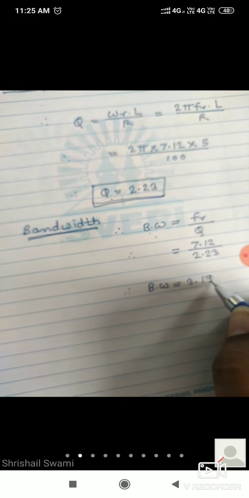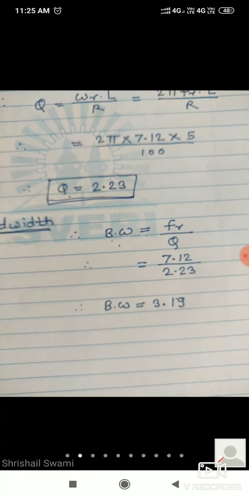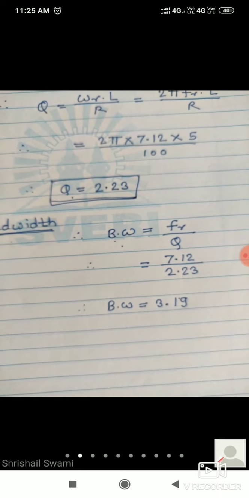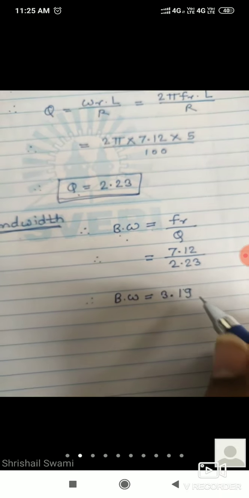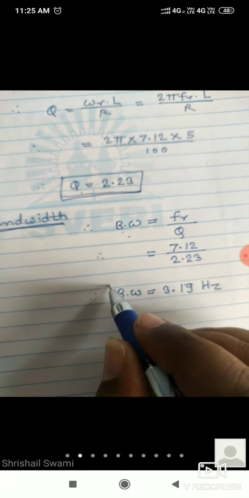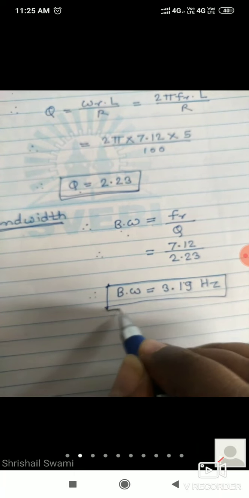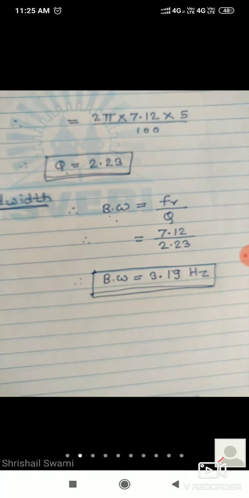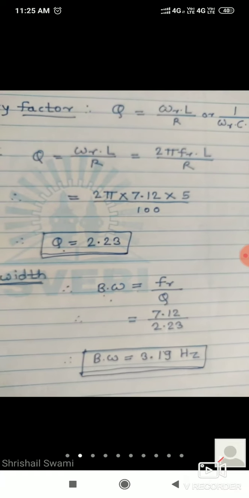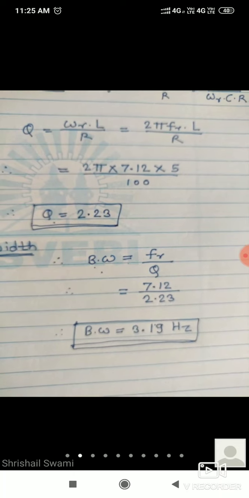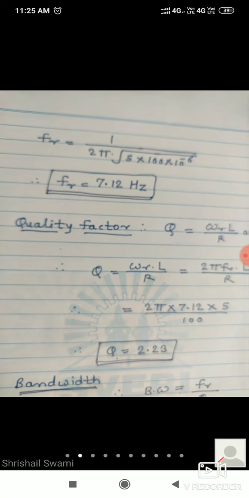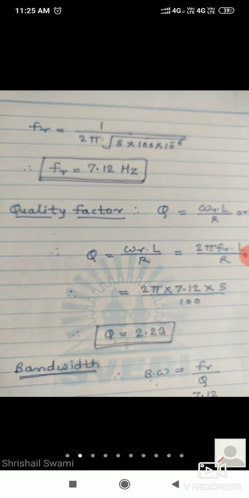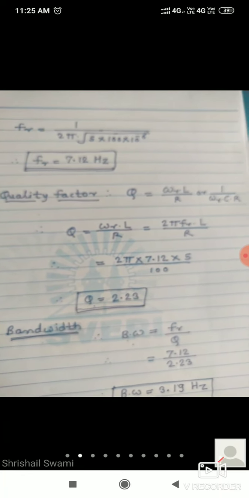What is the unit of bandwidth? Bandwidth is nothing but the difference between two frequencies, f2 minus f1. So hertz is the unit of bandwidth. Everyone got these values? If you know the formulas, you will get the answer. Can we move towards the next problem?